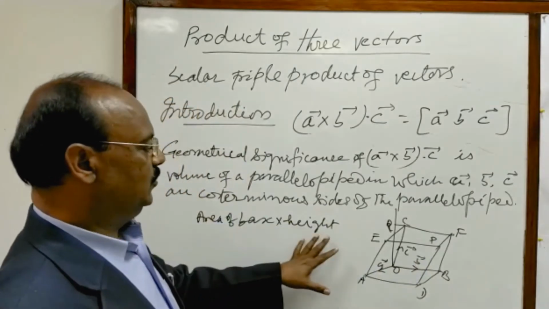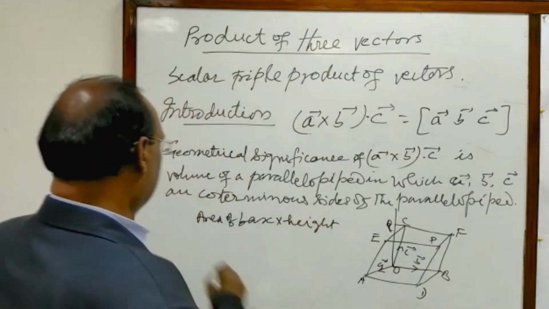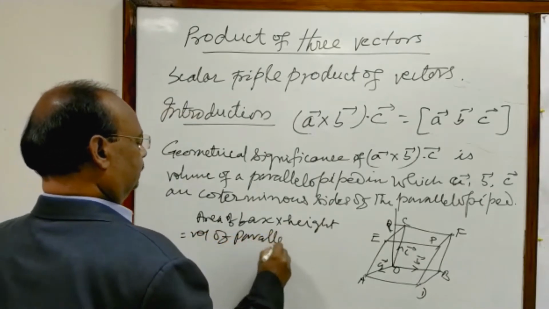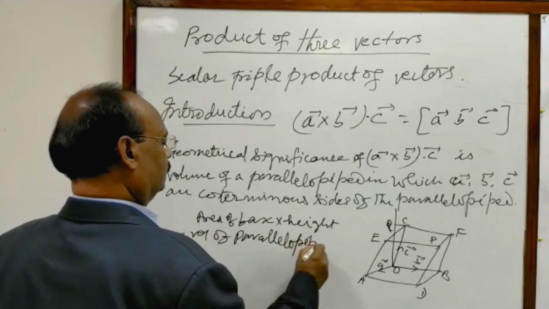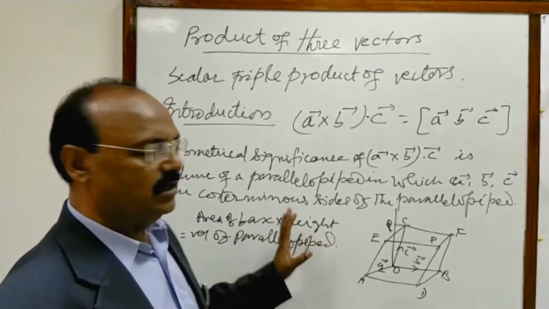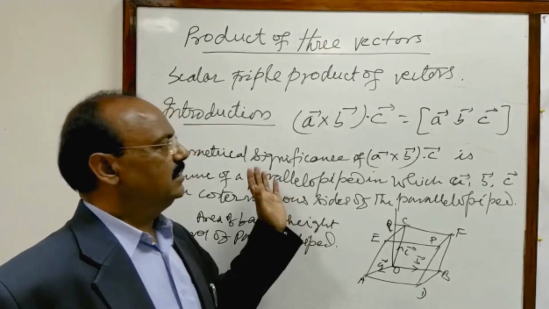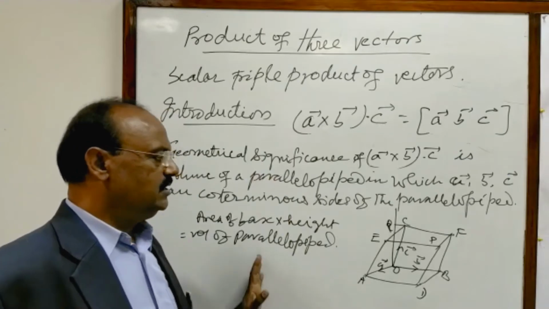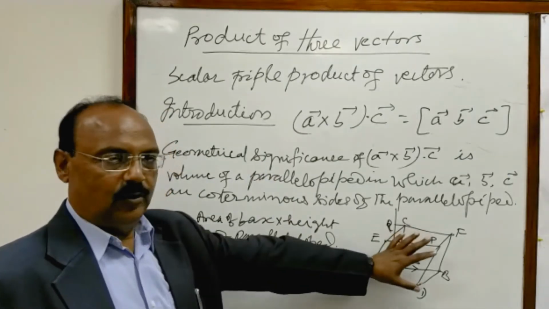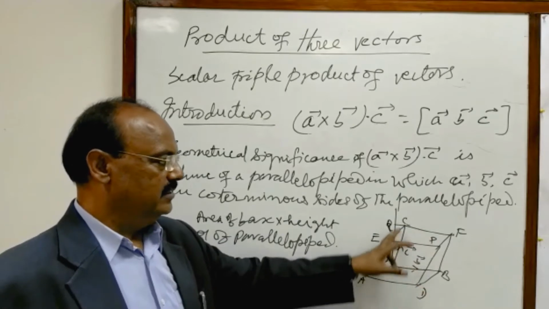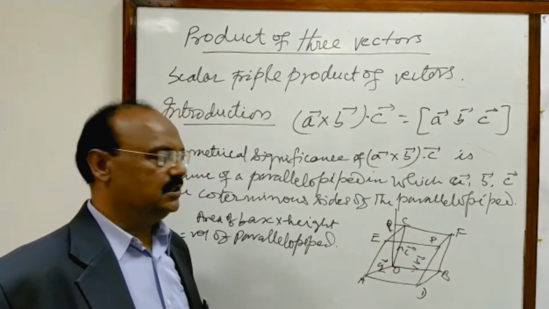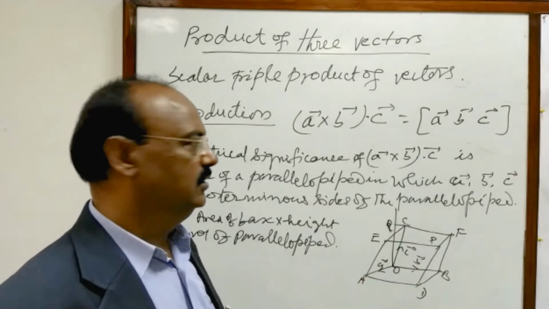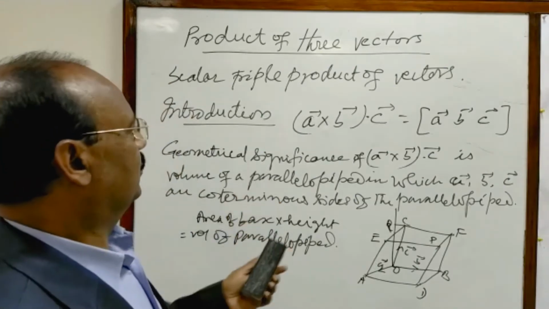So area of base into height is equal to the volume of the parallelepiped. So this is the geometrical significance of a scalar triple product of three vectors A, B and C, which is equal to the volume of the parallelepiped, where A, B and C are coterminous sides of this parallelepiped. Now let us see some properties of scalar triple product.